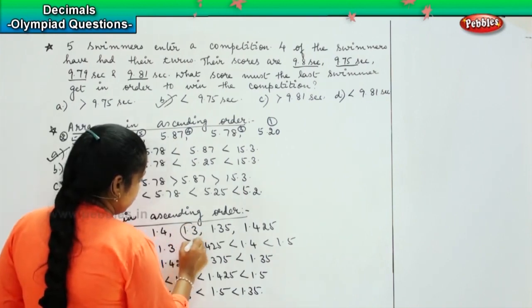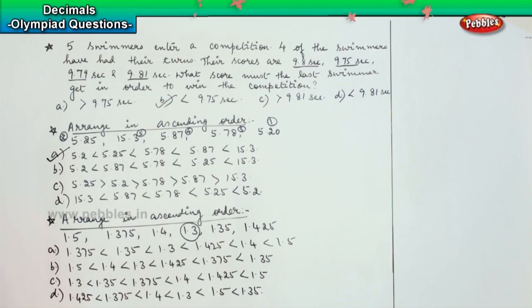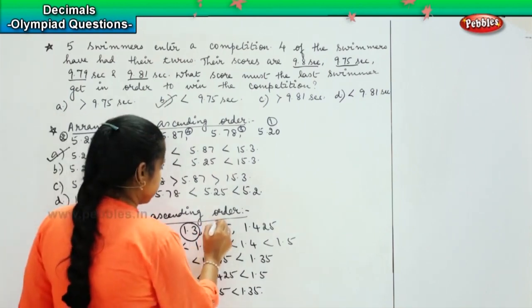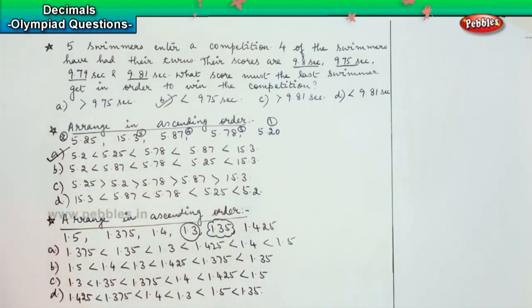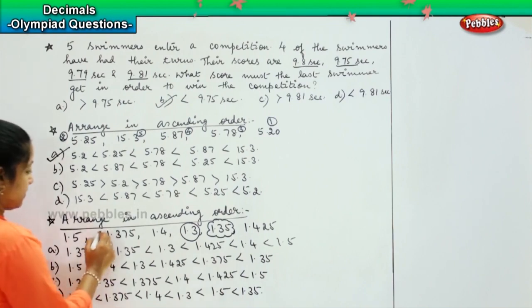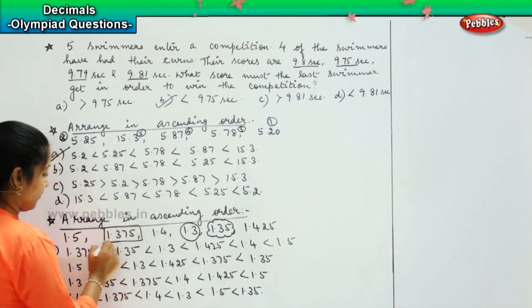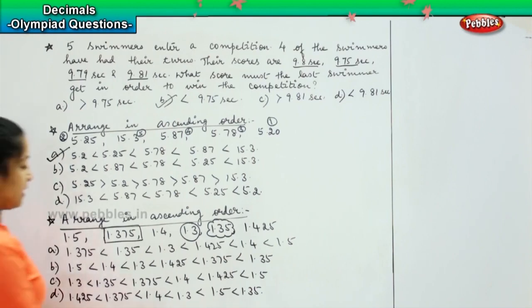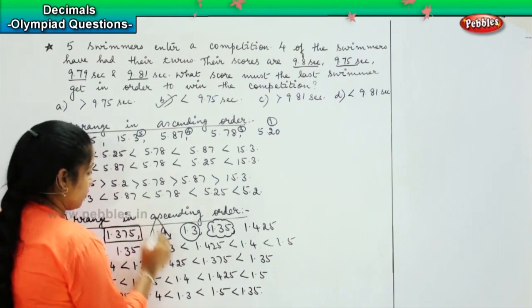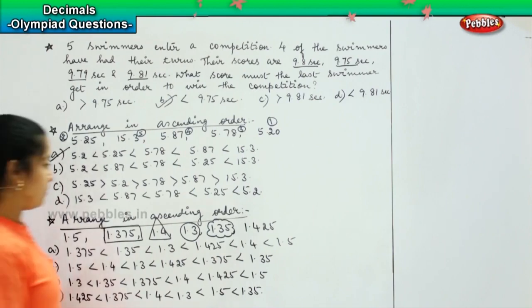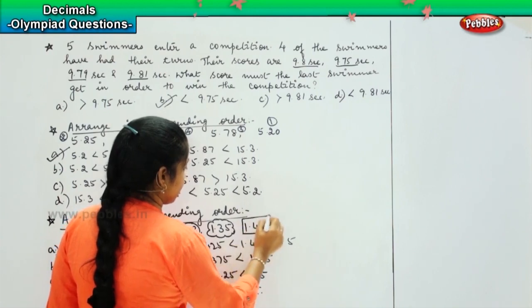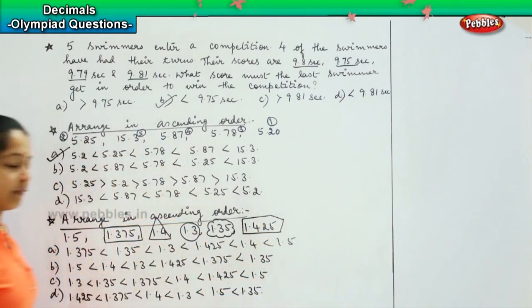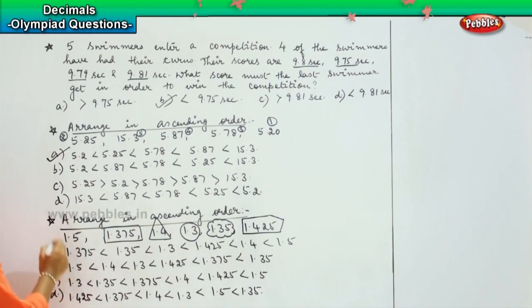Then the second one is 1.35. After that, it will be 1.375. After that, it will be 1.4. Then it will be 1.425. And the last one will be 1.5.